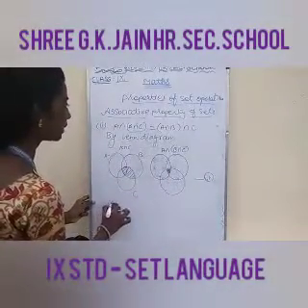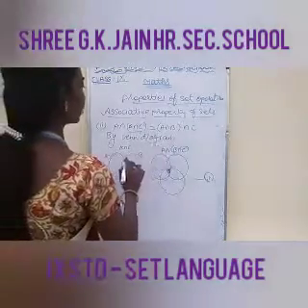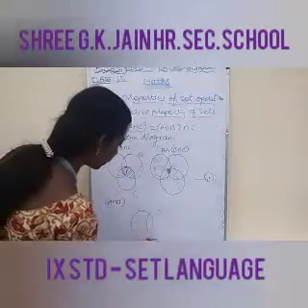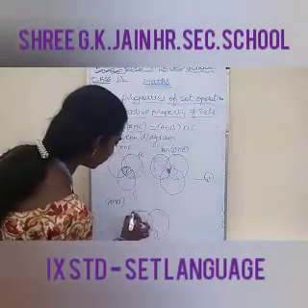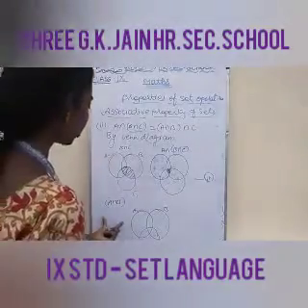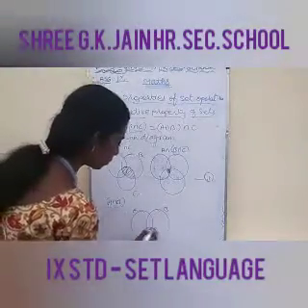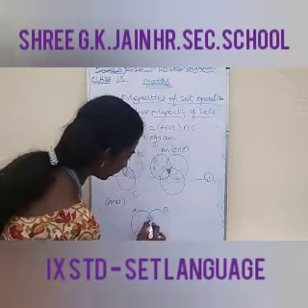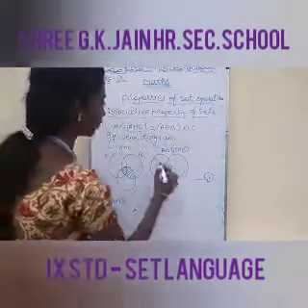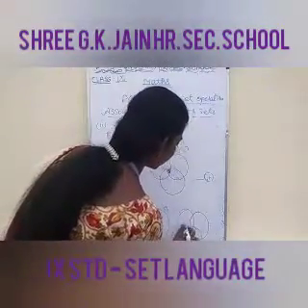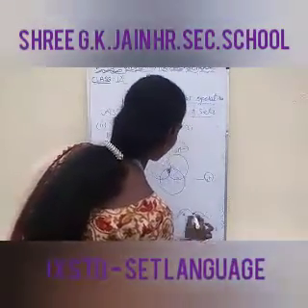Then A intersection B. First you should find A intersection B. A, B and C. So A intersection B is the common region between A and B, is this one. This one will be shaded. Okay, A intersection B. And next thing, A intersection B intersection C. This is your second diagram.